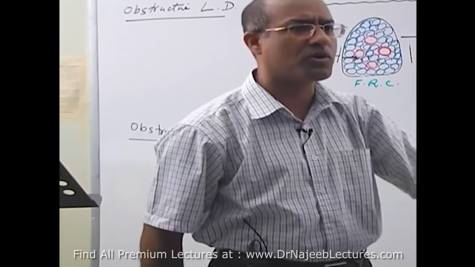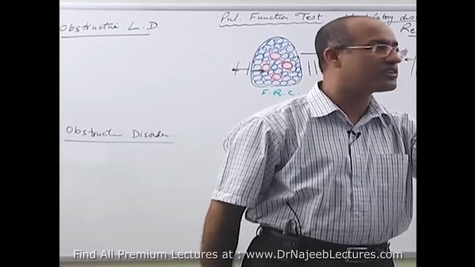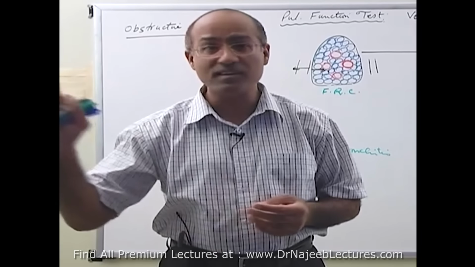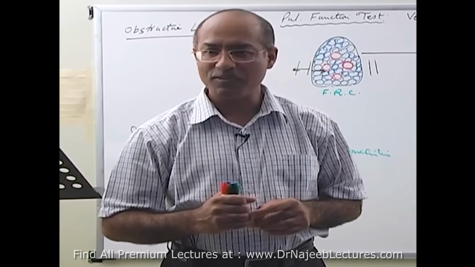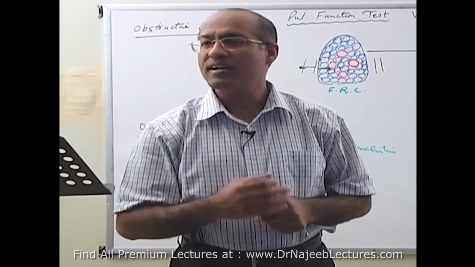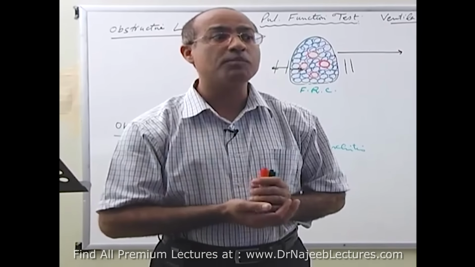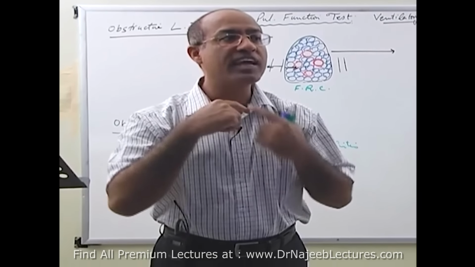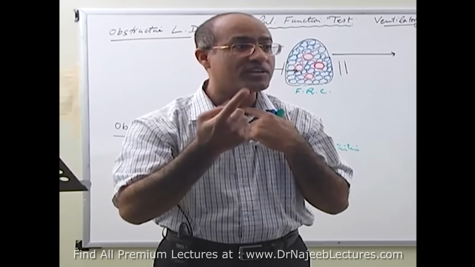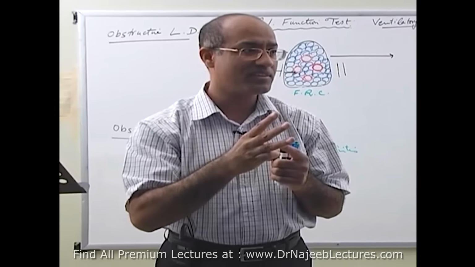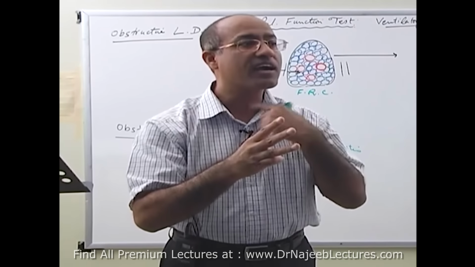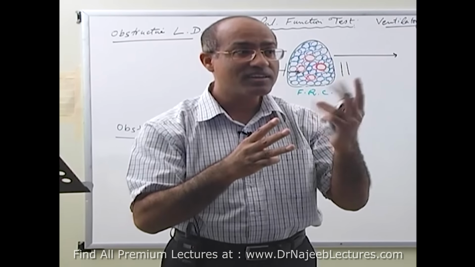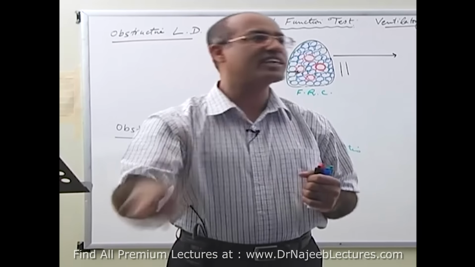Who will tell me what is chronic bronchitis? I don't want an essay on that, just basic concept. When you label a person he has chronic bronchitis, this is clinically defined, a person who has cough with expectoration for at least 3 months for at least 2 consecutive years.